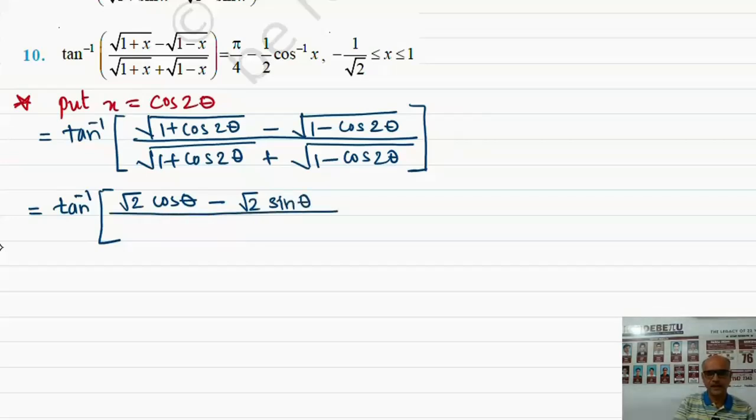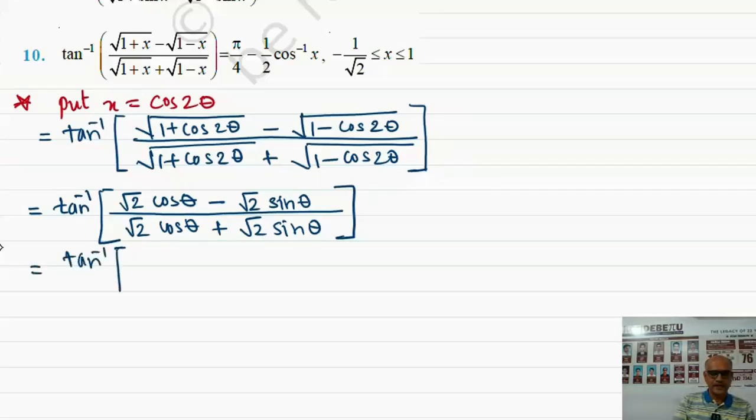The denominator will again be root 2 cos theta plus root 2 sin theta. Taking root 2 common in both numerator and denominator, root 2 gets cancelled. You will have cos theta minus sin theta divided by cos theta plus sin theta.